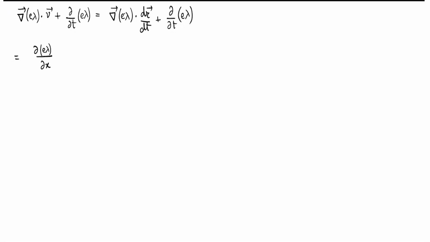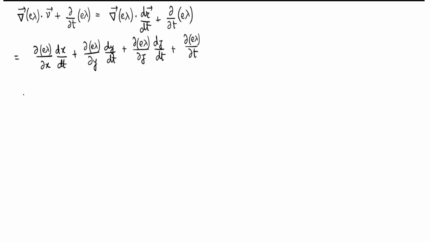If you dot product with dr vector dt, you will get del E lambda del x into dx dt plus del E lambda del y dy dt plus del E lambda del z into dz dt plus del E lambda del t.